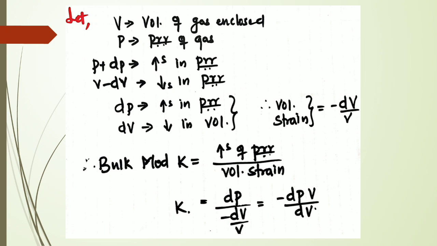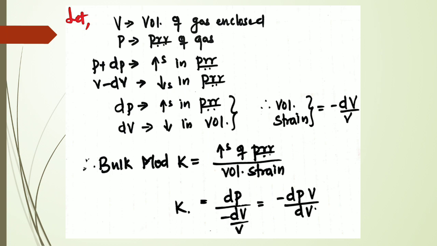Therefore, volumetric strain can be related as minus dV by V. Why minus dV by V? When there is an increase in pressure, volume decreases. That is what minus dV by V says.